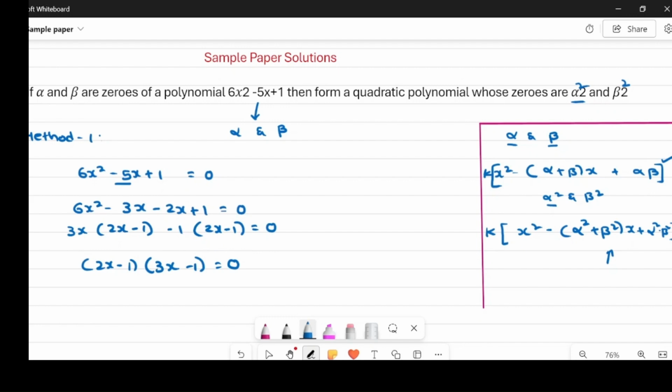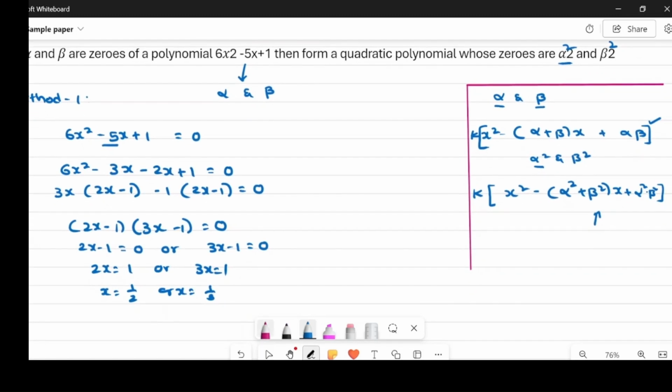Now, by the zero product rule, we can equate 2x minus 1 to 0 or 3x minus 1 to 0. So either 2x is equal to 1 or 3x is equal to 1. So either x is equal to 1 by 2 or x is equal to 1 by 3. Let's say one zero is alpha and another zero is beta. So we have alpha is 1 by 2 and beta is 1 by 3. Now we find alpha square and beta square values, because we want to substitute alpha square plus beta square and alpha square beta square.